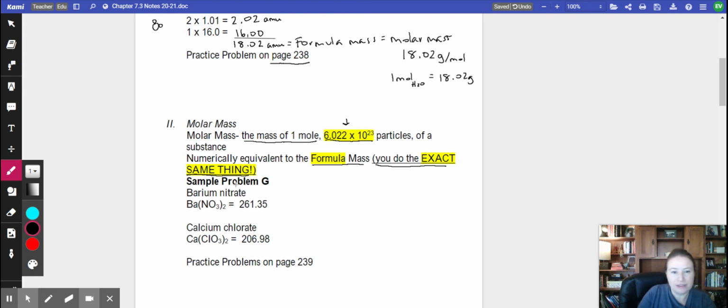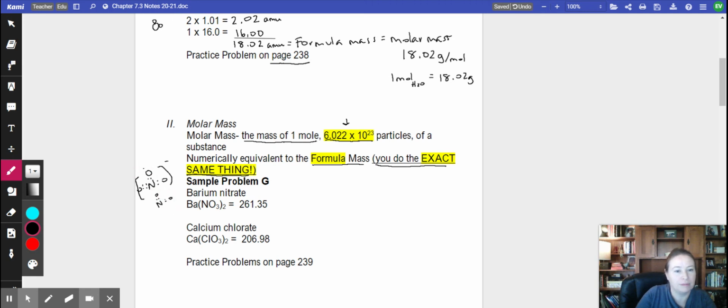So down here, sample problem G, barium nitrate, that's Ba(NO3)2, in parentheses, this is trying to trick us, and a 2 outside the parentheses. What does that mean? That means I have NO3, remember it looks like this, and it's negatively charged. And I have 2 of them, so I would have to draw another one.